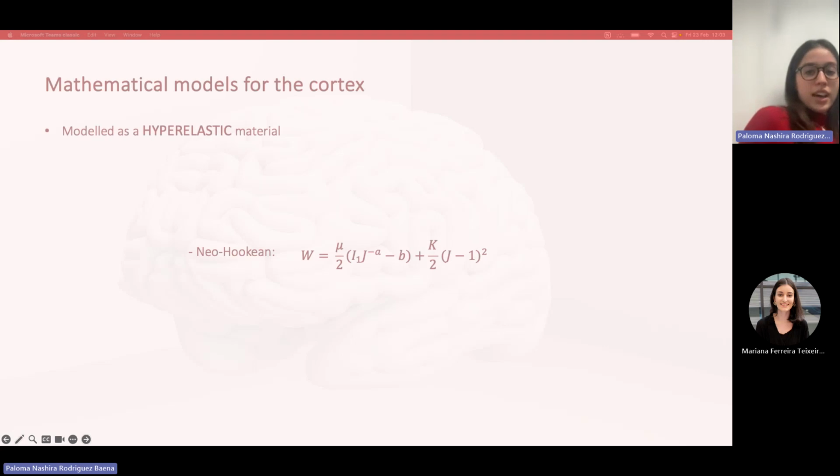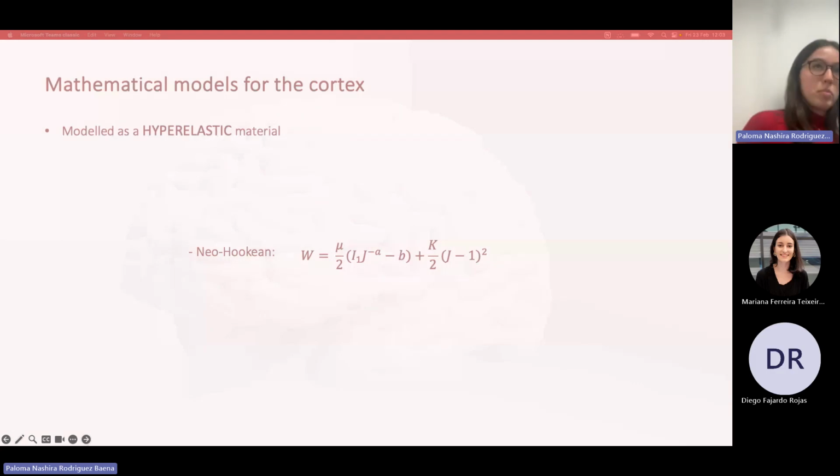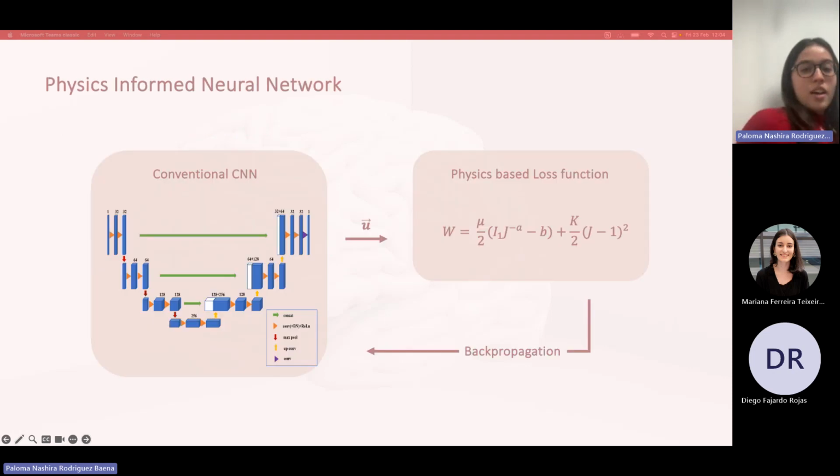This equation calculates the strain energy density W from the deformation, where the deformation comes into the variables I1 and J. Minimizing this equation would be equivalent to finding the configuration of the material where it is at mechanical equilibrium.